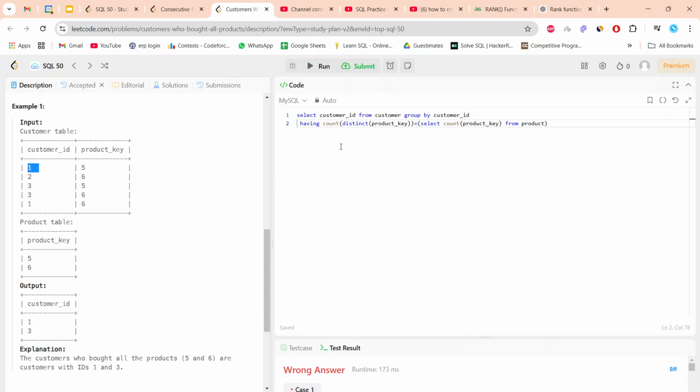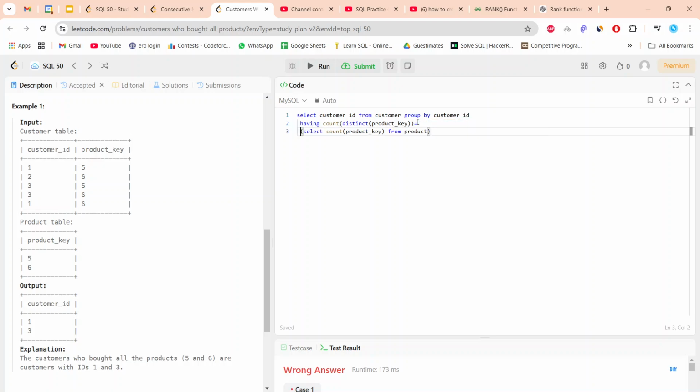So, first in this query, we have found out the total number of unique products in the product table. I have written this subquery, select count product key. So, we will count this column product key from the product table. Now the output for this will be 2.